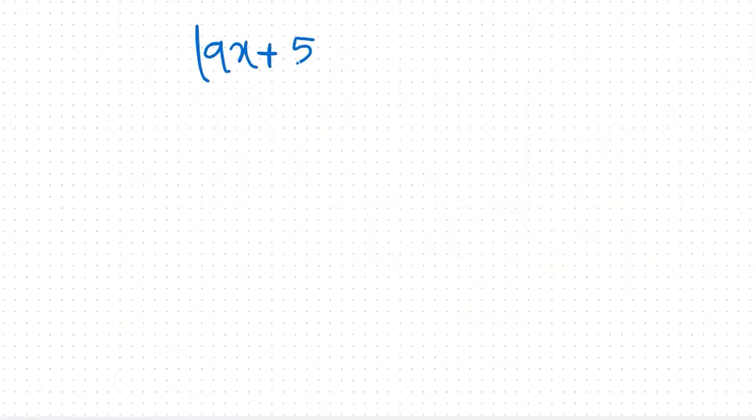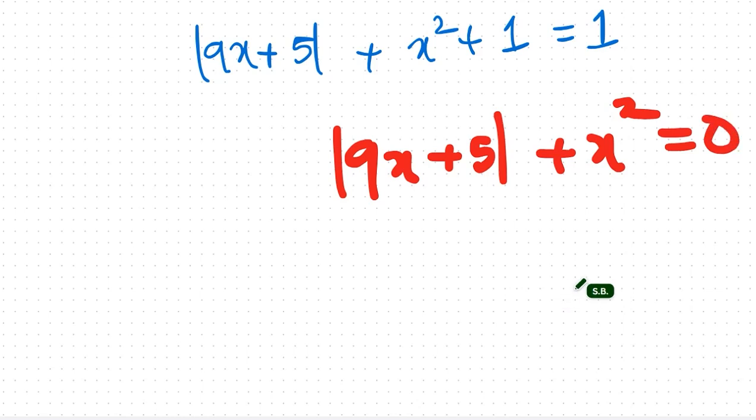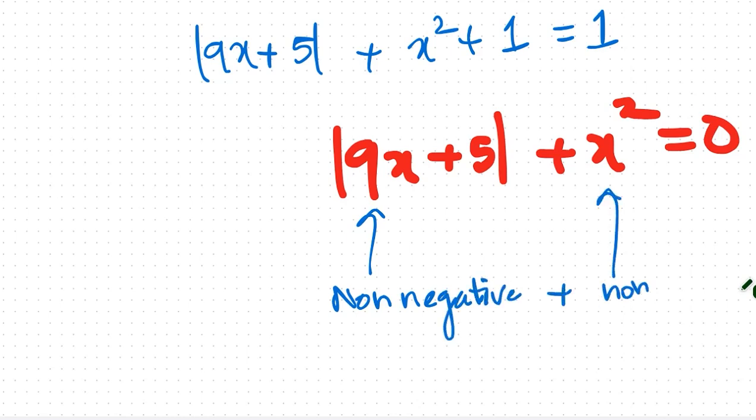See, this is a bit of an interesting case. So this was the question. Solving, we got this is equal to 0. So this is a non-negative plus non-negative again.